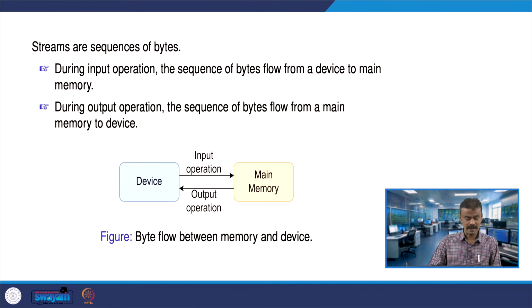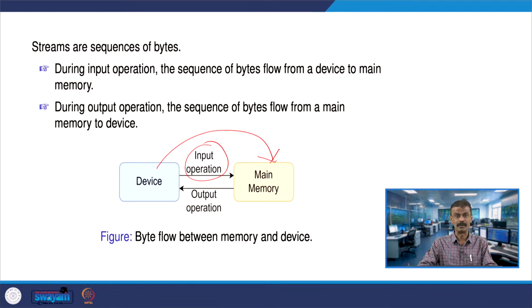Now consider, what do you mean by stream? I talked about streams in the previous slide. Streams are nothing but sequences of bytes. During the input operation, the sequence of bytes flows from a device to the main memory. When you have the input operation, that means I am reading the 10 and 5.